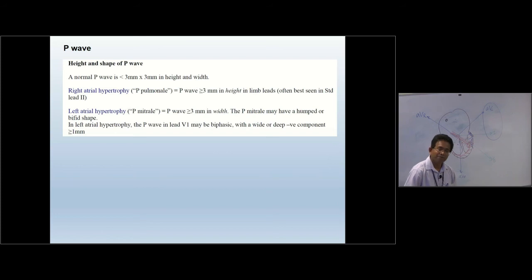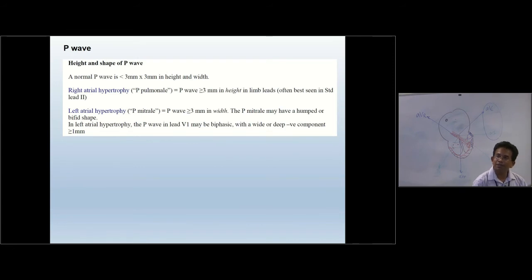All right, P wave. Now we know the P wave represents atrial depolarization. Normal P wave size is about 3 small squares in width and 3 small squares in height, so it's a semi-dome shape. Its height and width change with abnormalities of the atria.